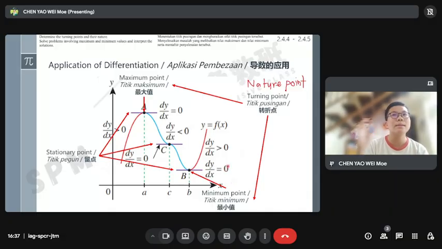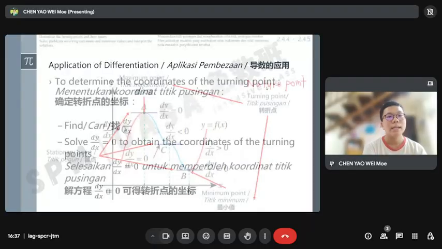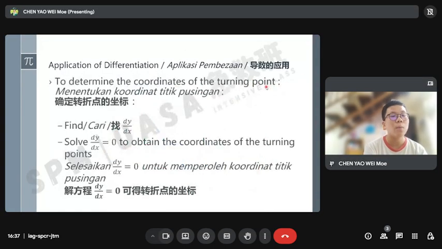Now, to determine the coordinates of the turning point, first you need to find dy/dx. Differentiate the y. Later on, set dy/dx equal to 0 to find the turning points. You have dy/dx, and dy/dx equal to 0, you need to find x.